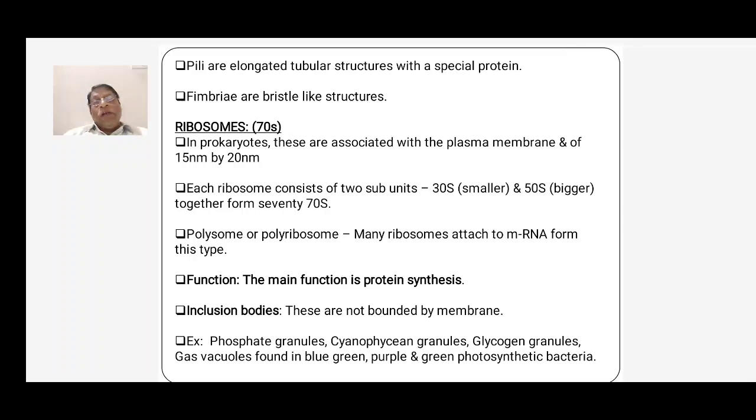If you examine, each ribosome consists of two subunits. One is smaller, the other is bigger. The smaller subunit is called 30S subunit. The bigger subunit is called 50S subunit. S refers to Svedberg coefficient.